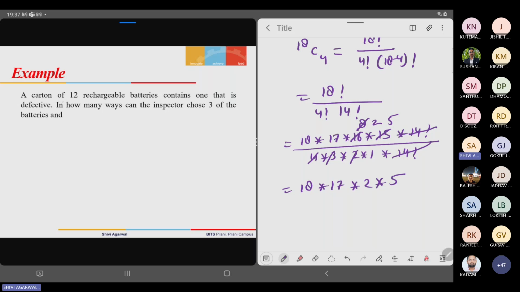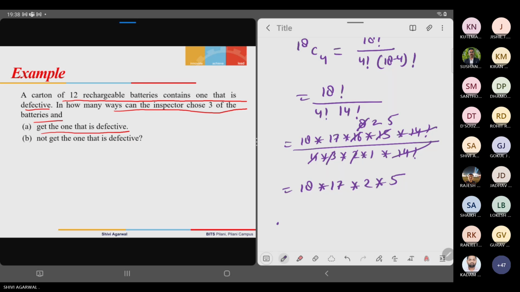A carton of 12 rechargeable batteries contains one that is defective. In how many ways can the inspector choose 3 of the batteries and get the one that is defective, and not get the one that is defective?